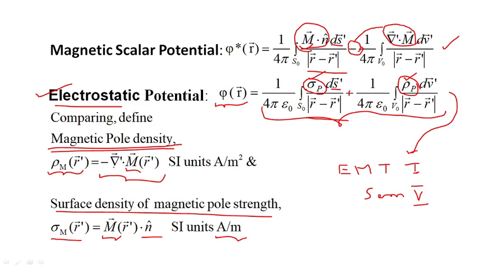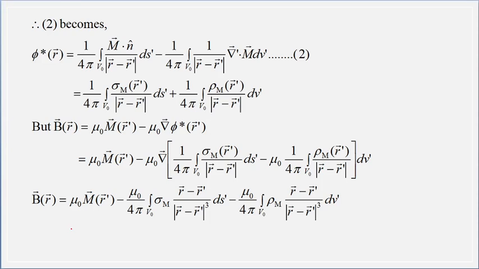Just find minus del dash dot m, the dot product of the del and the magnetization. Del dash is minus del, so minus minus becomes plus. You find the dot product of del and m, and what you get is the magnetic pole density. If you find the dot product of the magnetization and the unit vector normal to the surface, that gives the surface density of the magnetic pole strength.